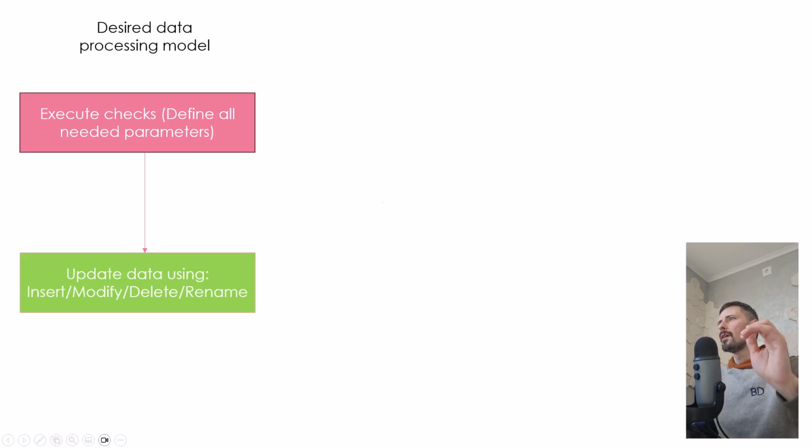Just to make it more clear, what we have in standard is this general approach. The desired data processing model in standard Microsoft objects has the following view. We have to execute checks first of all, so check some parameters, data, and so on, to check some preconditions, also to get some extra parameters from user if it is needed.